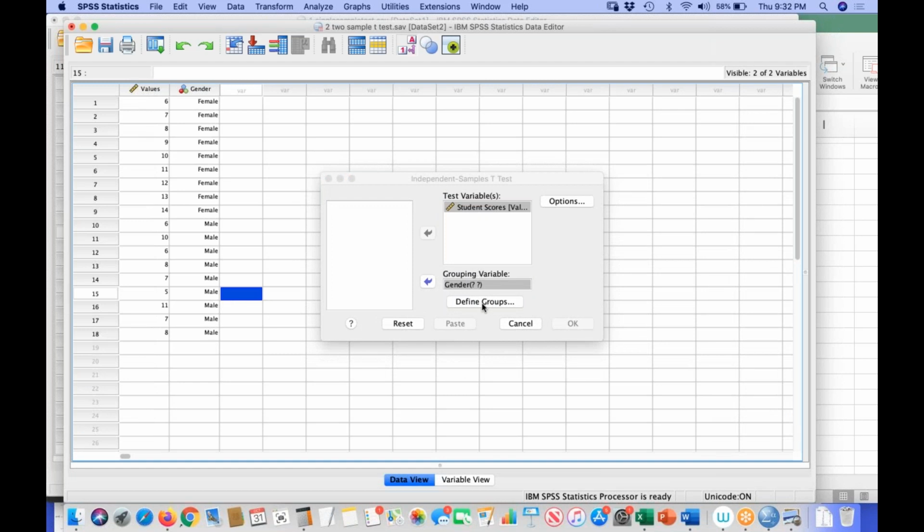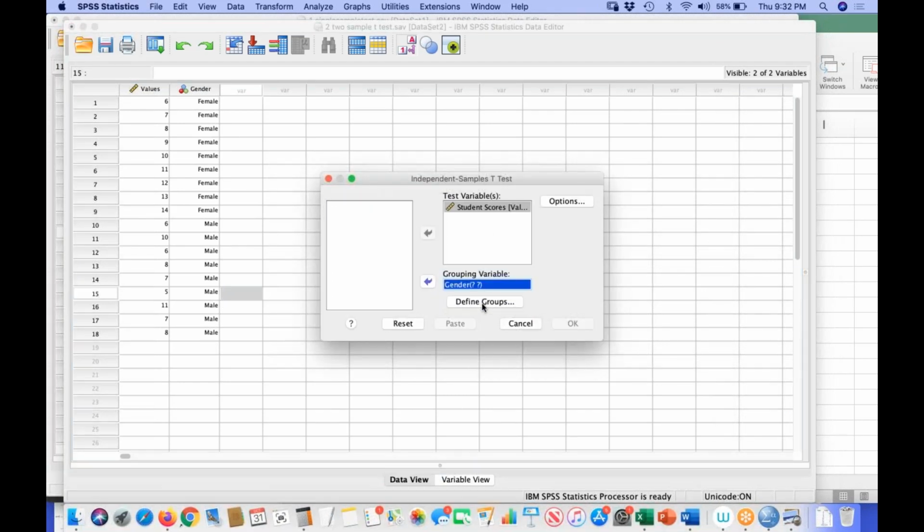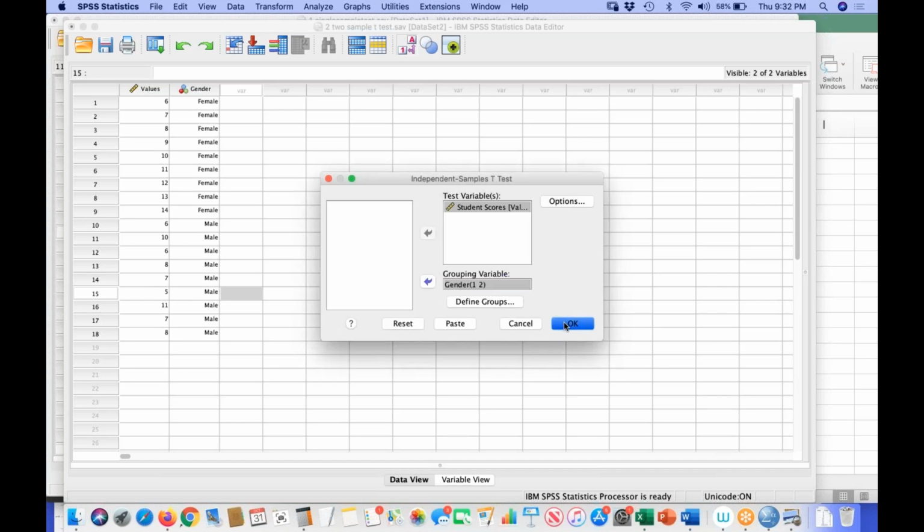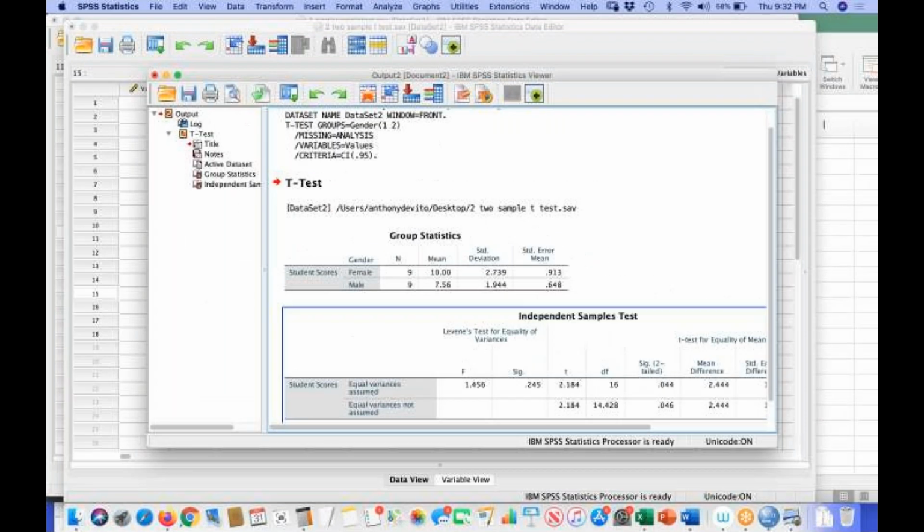But the reason why it asks you is because you could be dealing with, say, ethnicity, where you could have 9 different values, but you only want to compare ethnicity number 3 to ethnicity number 5. But we're dealing with males versus females. I'll say okay, SPSS goes and does the statistics.